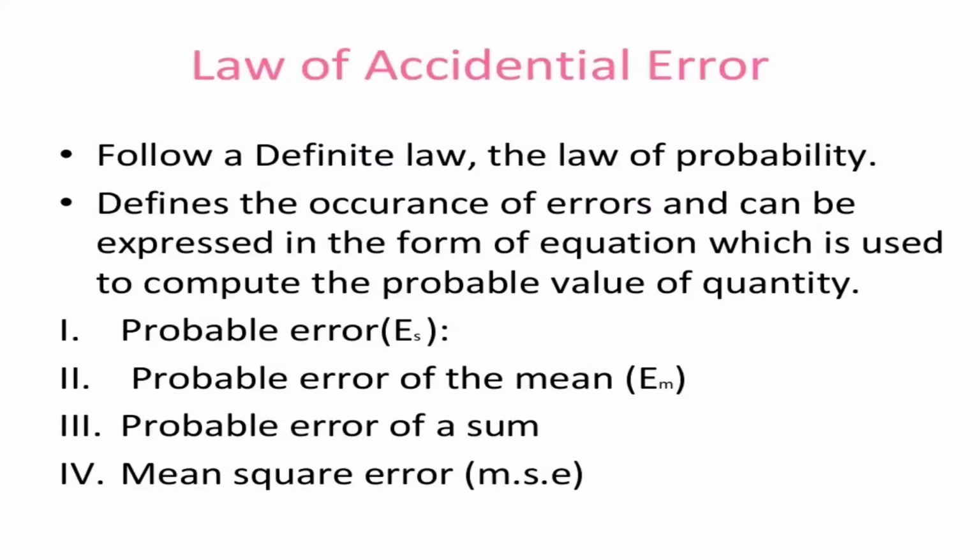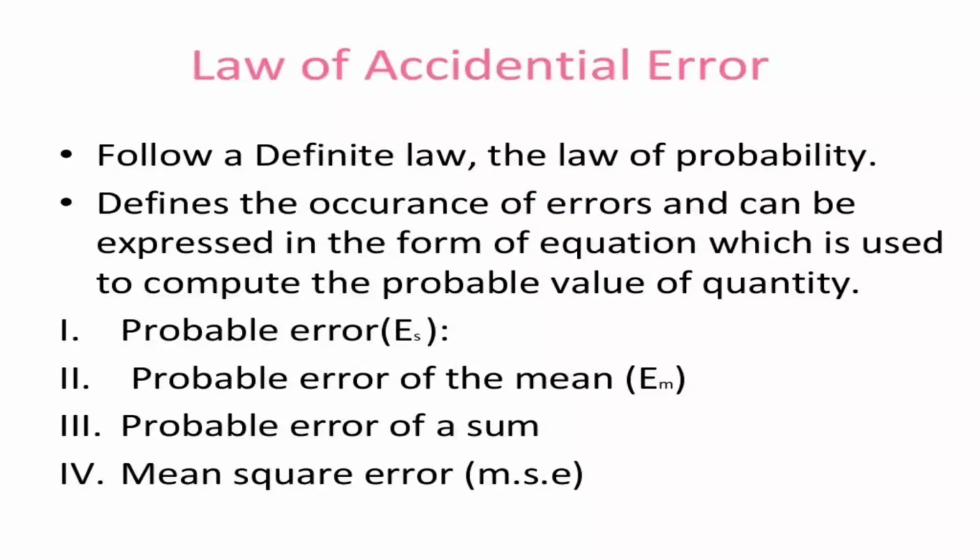The law of accidental errors. The most important features of accidental errors which usually occur are: small errors tend to be more frequent than large ones, that is, they are the most probable. Positive and negative errors of the same size happen with equal frequency, that is, they are equally probable.